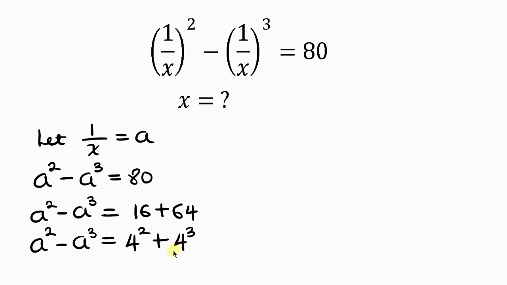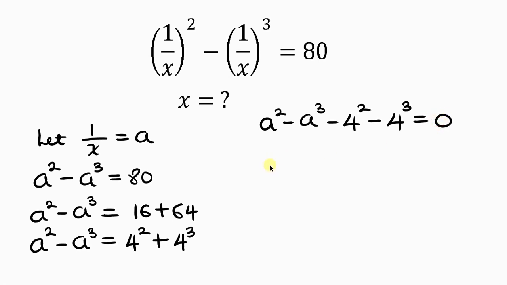Now, our next step will be for us to move the terms on the right-hand side to the left-hand side. So on the left, we have a squared minus a cube. As 4 squared crosses to the left, it becomes minus 4 squared. And as 4 cube crosses to the left, it becomes minus 4 cube. And this is equal to 0.